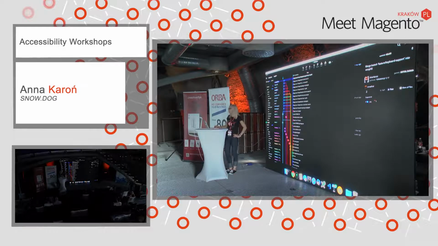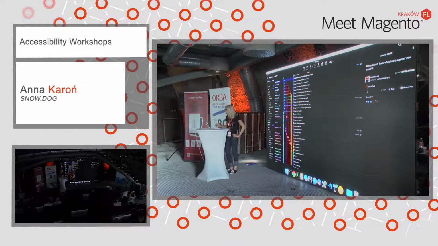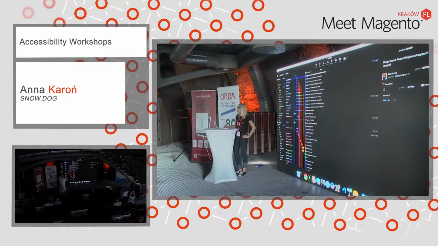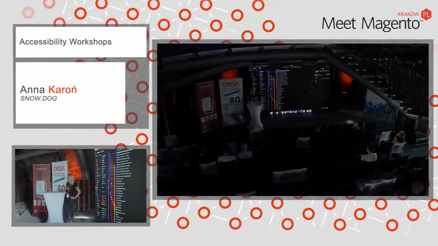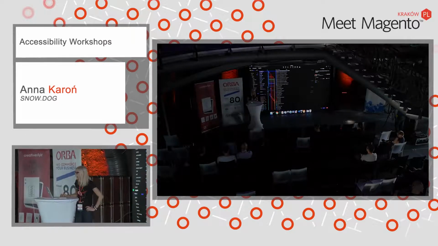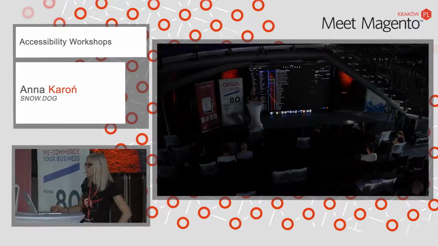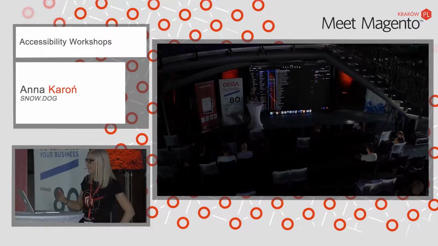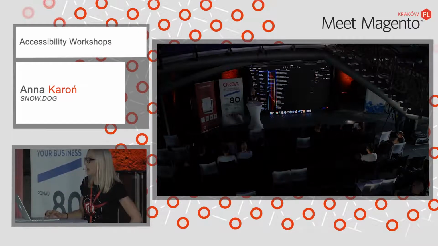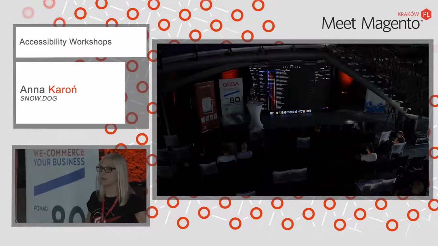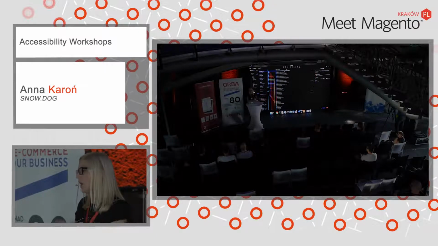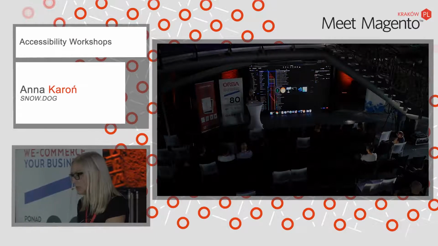I corrected the headings order, so I changed the H3 to H2, for example, and I'll show you in a moment. I corrected the focus, so the focus should be visible. And I also added the skip navigation link, and some keyboard support for our hidden mobile menu.